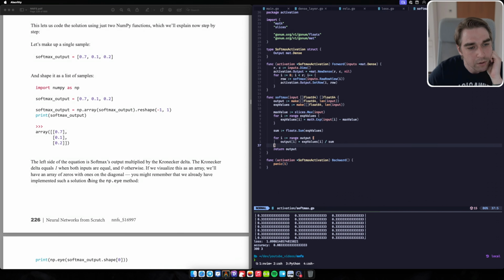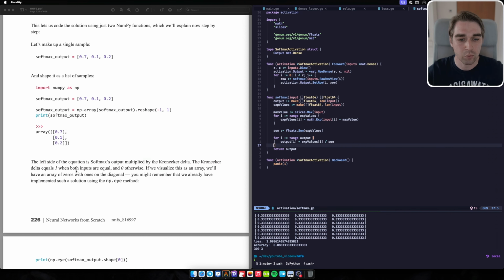The left side of the equation is the softmax output multiplied by the Kronecker delta. The Kronecker delta equals 1 when both inputs are equal, 0 otherwise. If we visualize this as an array, we'll have an array of zeros with ones on the diagonal.